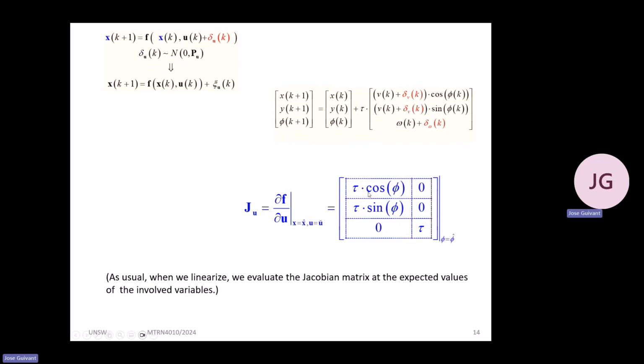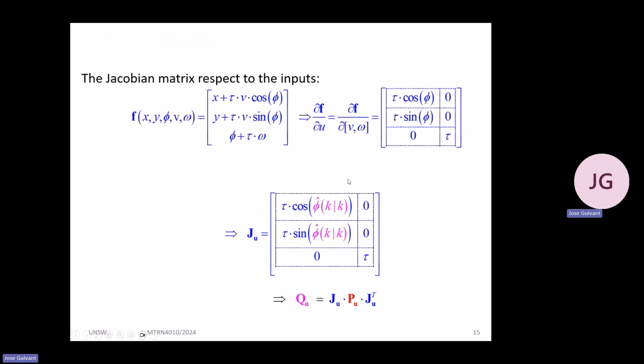Because this analytical expression involves only the heading variable, we just need the expected value of the heading at the time at which we are calculating this JQ matrix. To be strict, I need to replace here the expected value of the heading at the current time, before we do the prediction, which is my current expected value. Everything is in place here.